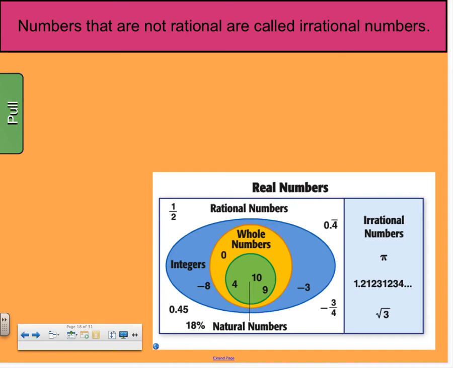For rational numbers, these numbers either repeat or they terminate, which means they stop. So if either of those characteristics apply, then it is a rational number.